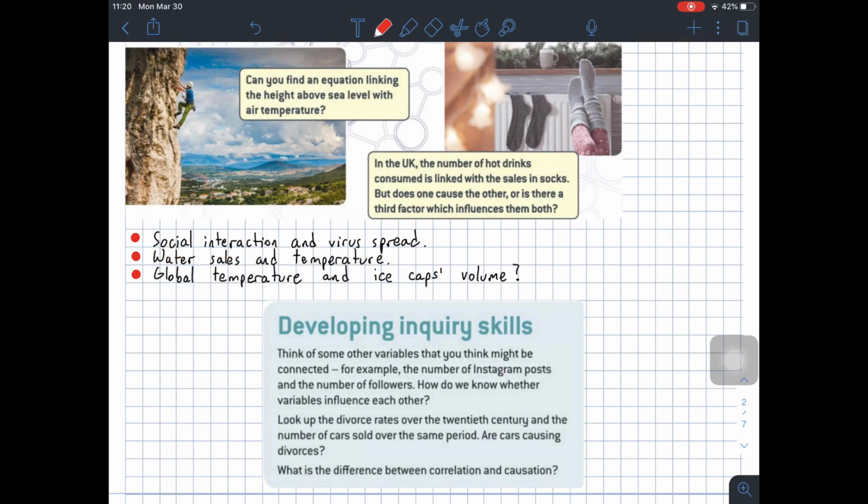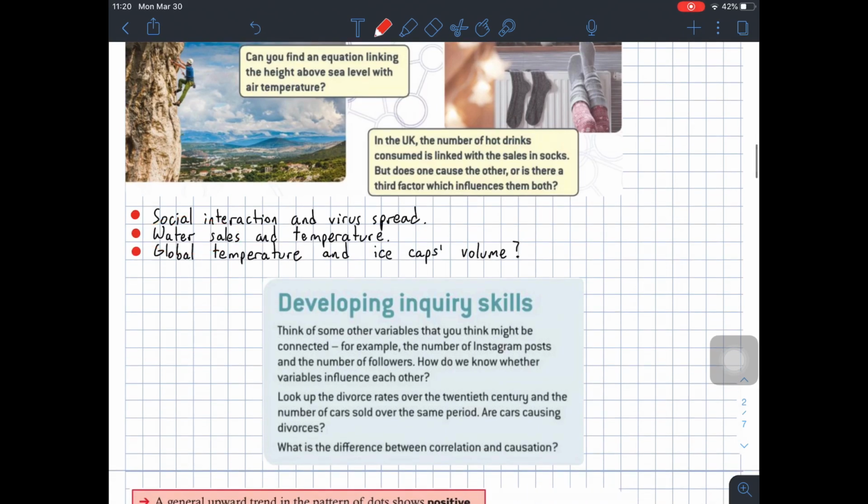These are very interesting topics for you to think about, maybe if you want to do a math project in the future about this. Then water sales and temperature. Temperature would be the independent variable, while water sales would be the dependent variable. The hotter the temperature, the more water sales.